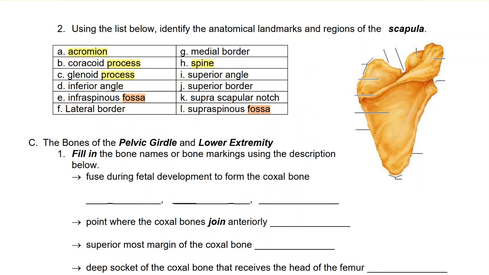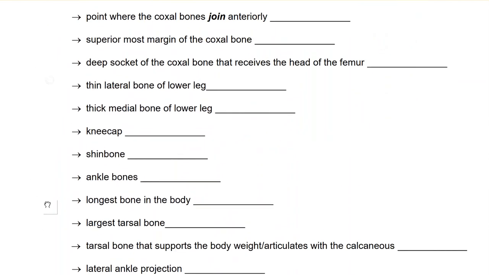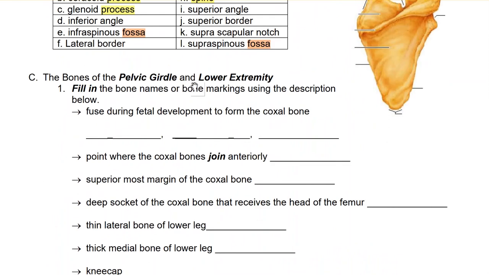So back to our lab report. I've gone through and highlighted the things that are sticky outy in yellow, and depressions and openings in orange. This is going to be all of your pelvic girdle and lower extremity, so how your pelvic bones come together. The pelvic bone video describes this really well.